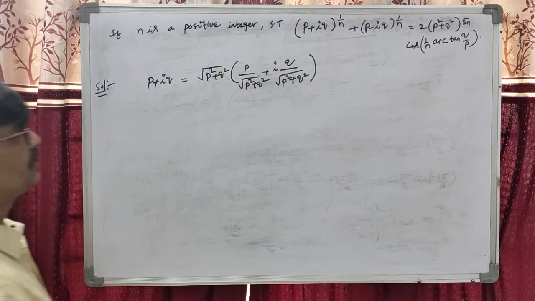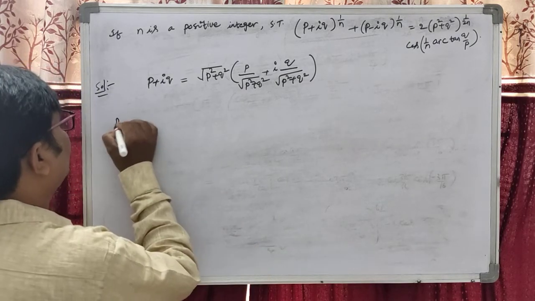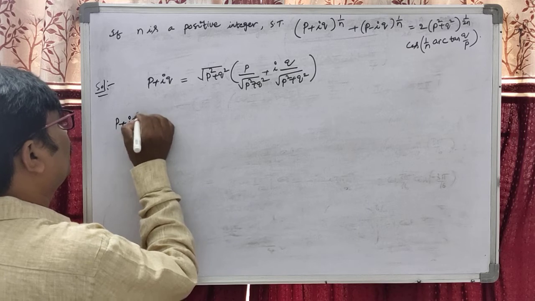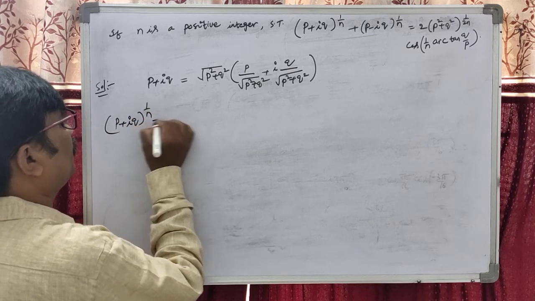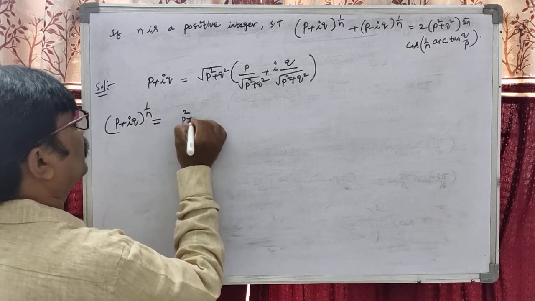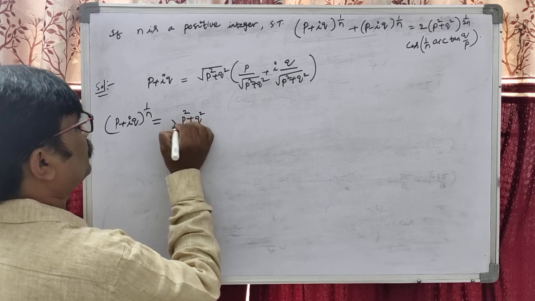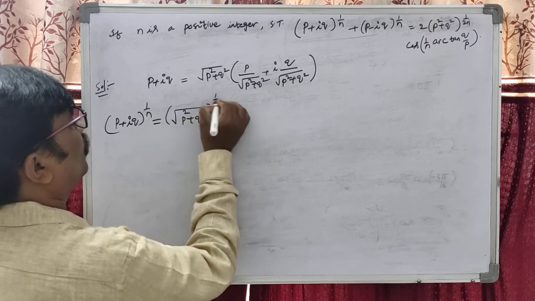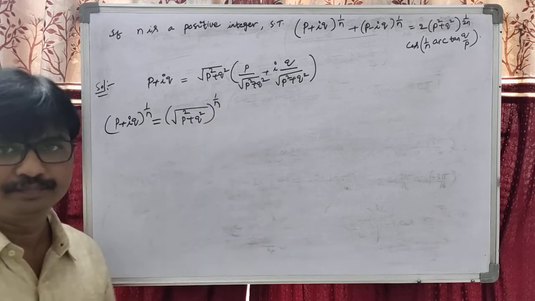My dear students, how can you write this? This is (p + iq)^(1/n), (p² + q²) under root, whole power 1/n.